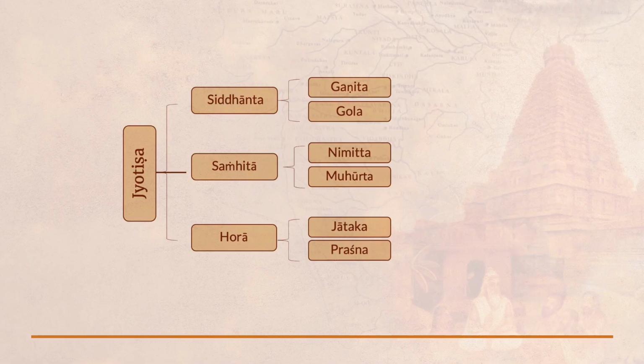Now these topics that you have in Jyotisha can be pictorially represented in a way which I have attempted here. What you see here is Jyotisha is broadly divided into three: Siddhanta, Samhita and Hora. And Siddhanta has the Ganita and the Gola.